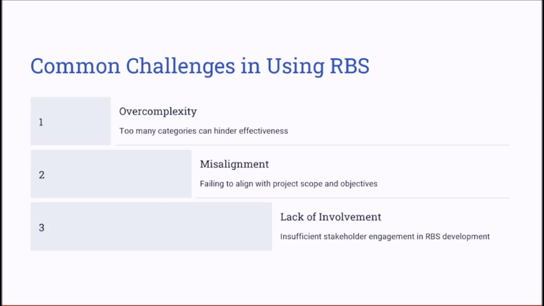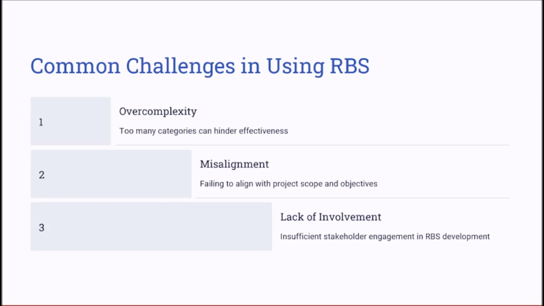Here are the common challenges that you might face when developing the RBS. Despite its benefits, implementing an RBS comes with its own challenges. One common issue is overcomplicating the structure with too many categories, which can make it difficult to use effectively. To avoid this, keep the RBS simple and focused on the most relevant risks.